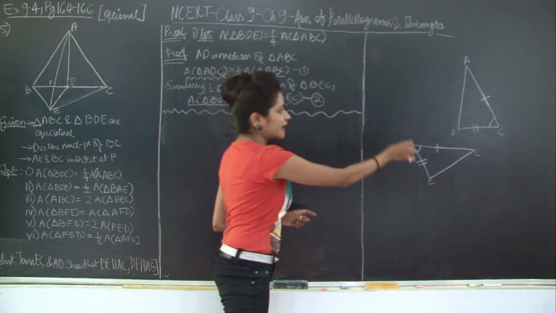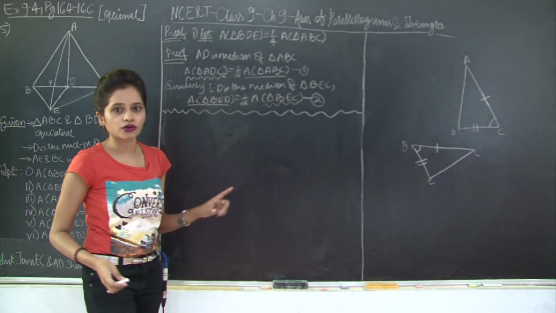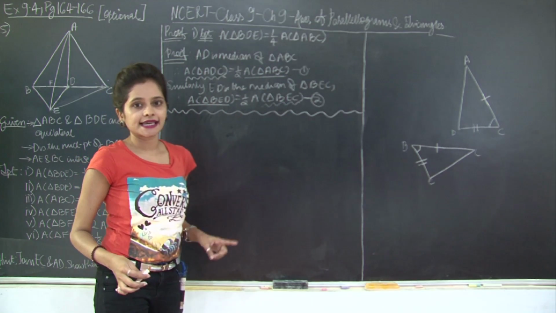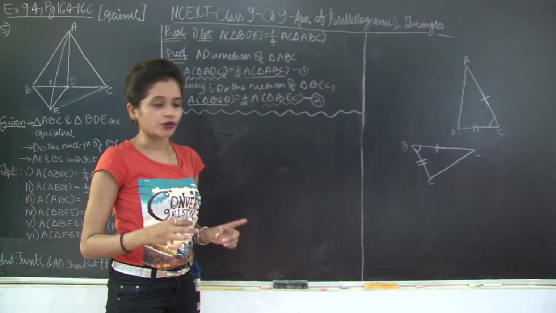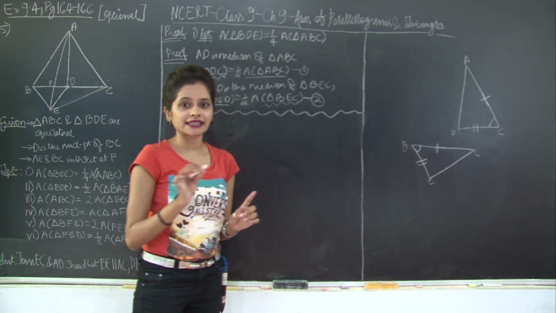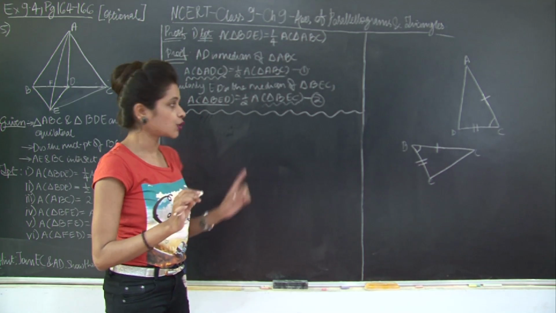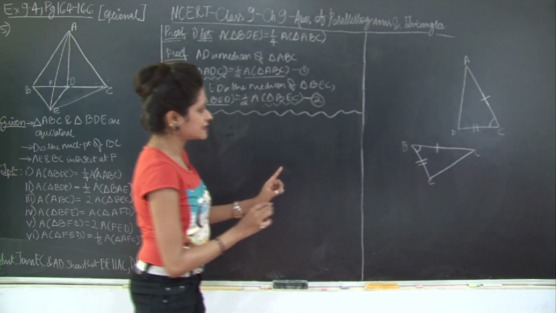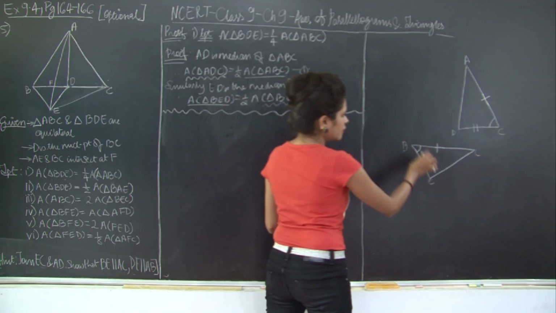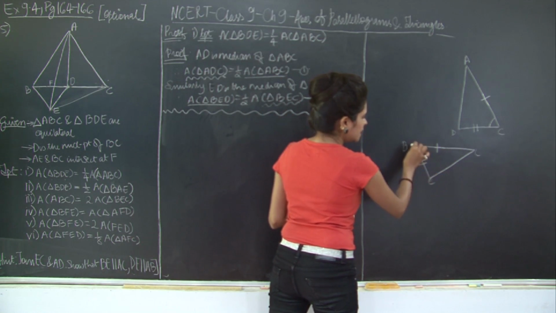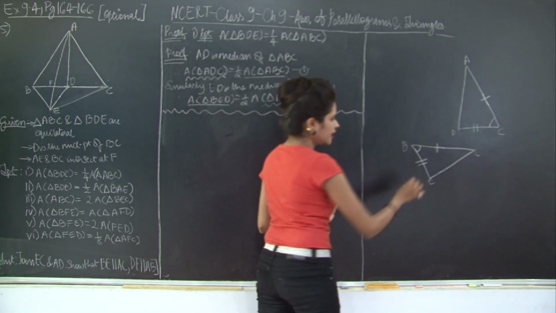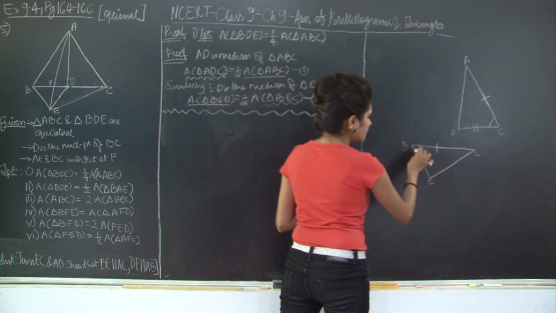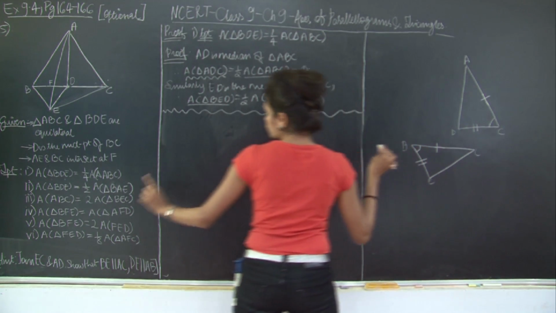So therefore, I can prove that these two triangles are congruent to each other by the SAS test of congruence. But now we have to write it in the right order of correspondence. So how are we going to write this? Let's see. I will start, let's say, from E, B and C. What do we need to prove?